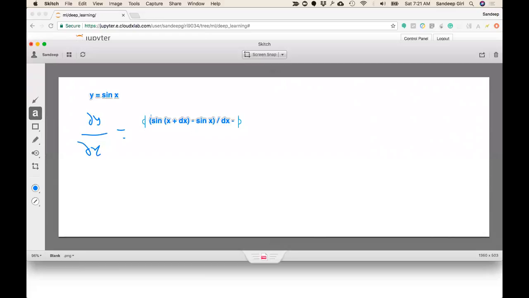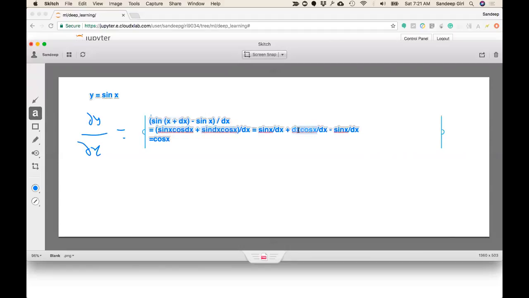Thank you so much, Pratik. I think Pratik still remembers it. So basically we do the sin A plus B expansion here, sin x cos dx plus cos x sin dx.